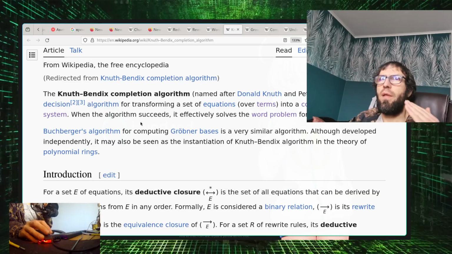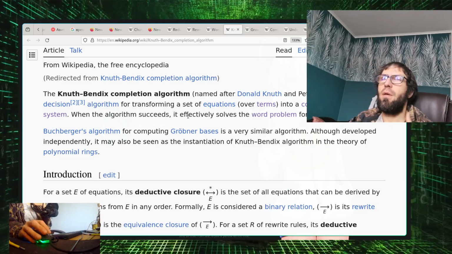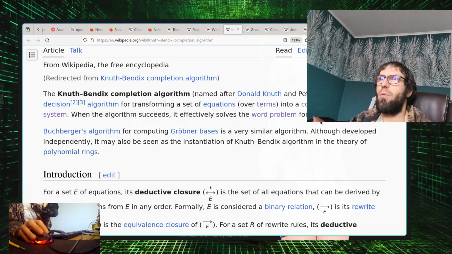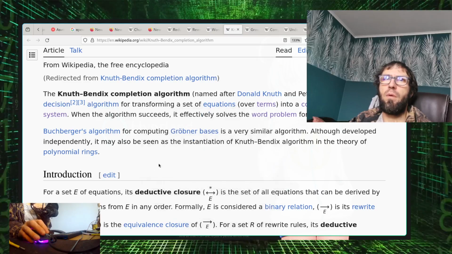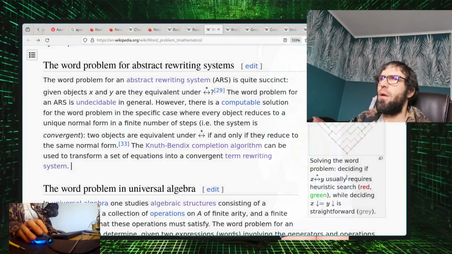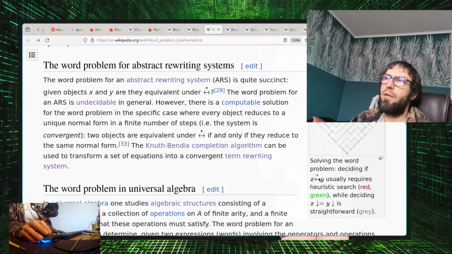And when the algorithm succeeds, this term rewriting system effectively solves the word problem for the specified algebra. Here we define these equations over terms. And solving the word problem, deciding if x is related to y in this rewriting system, usually requires heuristic search.